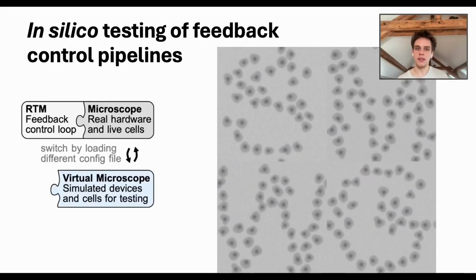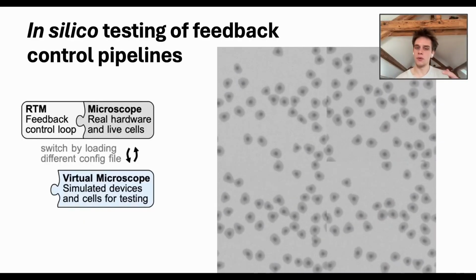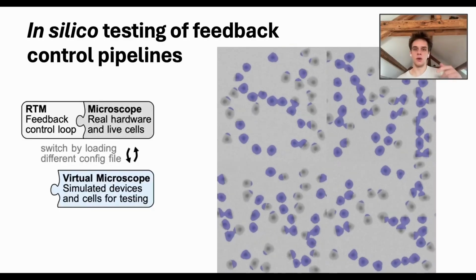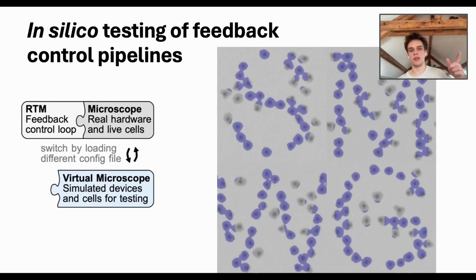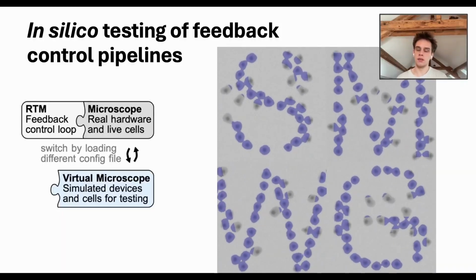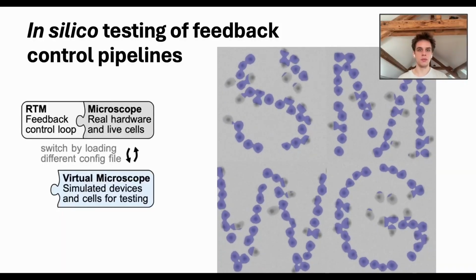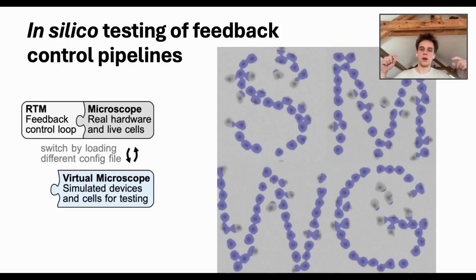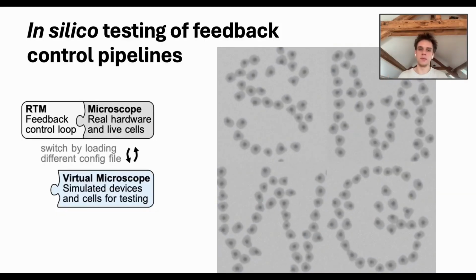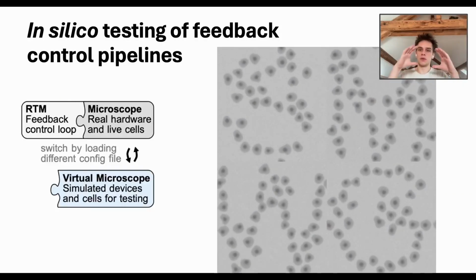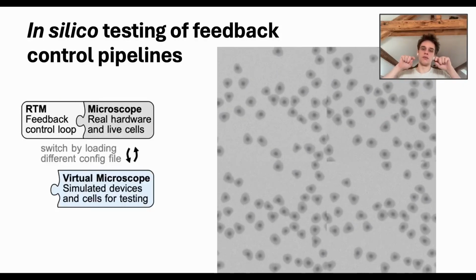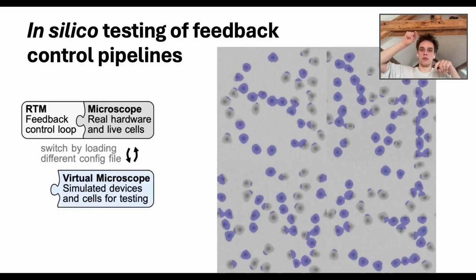So for the experiment with the letters I've already shown before, I used this simulation in silico to go over the different rules and increase the complexity of the rules over time. For example, in the beginning, I only steered towards the closest place, but then I saw that this crowds the cells in one location. So I tried to find places that are a bit further apart.